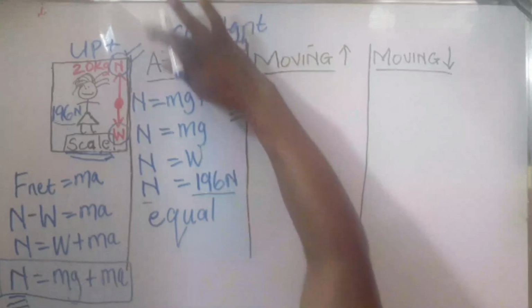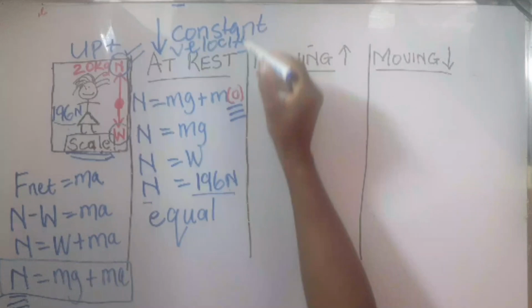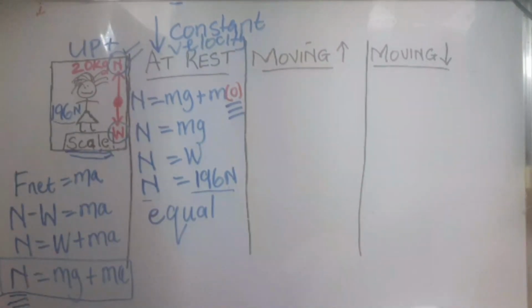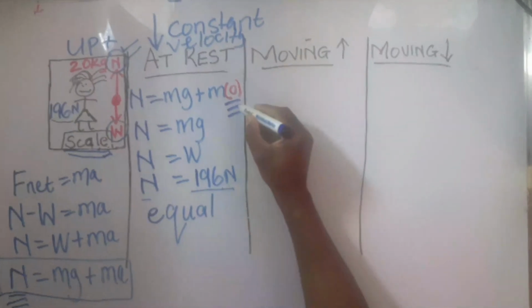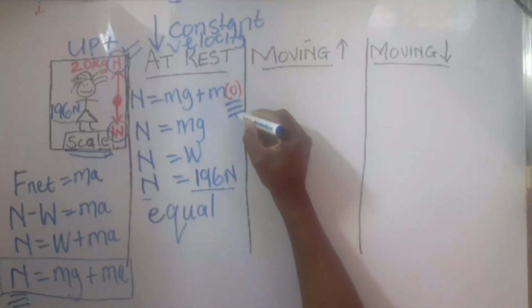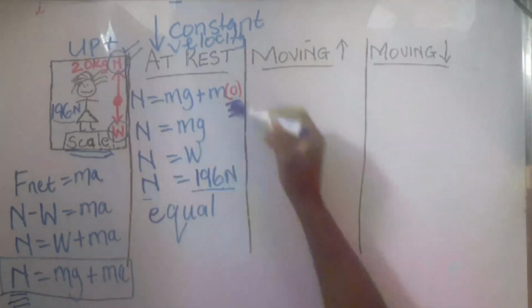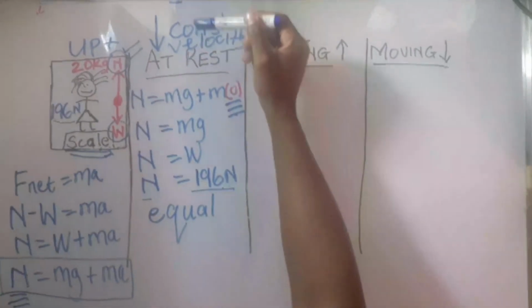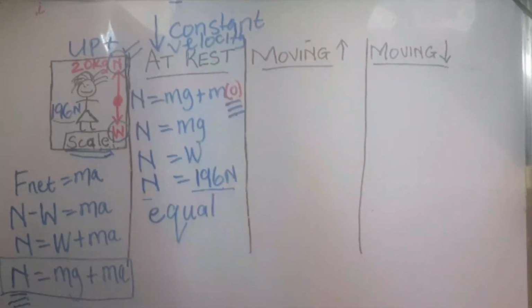Even if the lift is moving downwards at a constant velocity, the normal force will be equal to the weight. Why? Because the acceleration is 0. So in all three instances, whether the lift is at rest, moving upward at constant velocity, or moving downward at constant velocity, the normal force will be equal to the weight.